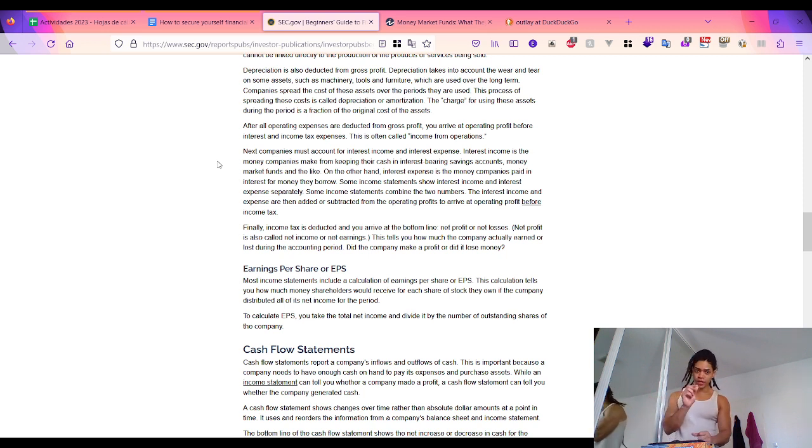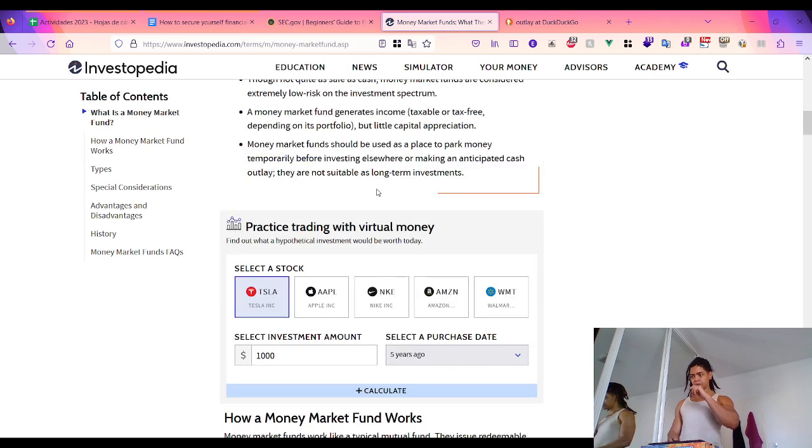And then should be used as a place to park money momentarily before investing elsewhere or making an anticipated cash outlay. They are not suitable as long-term investment.